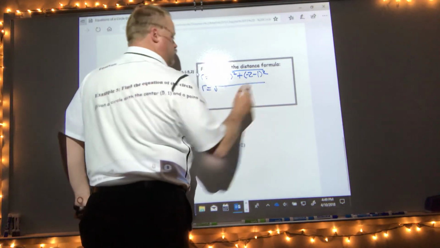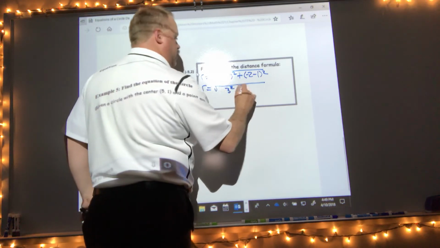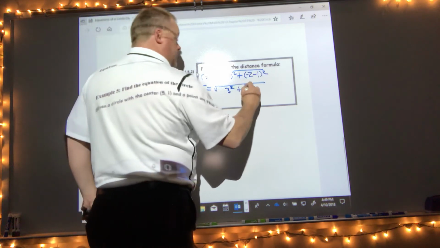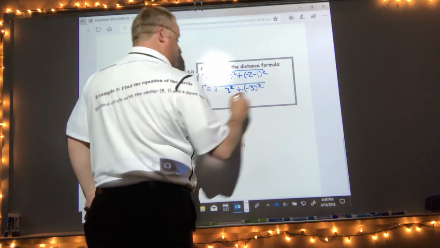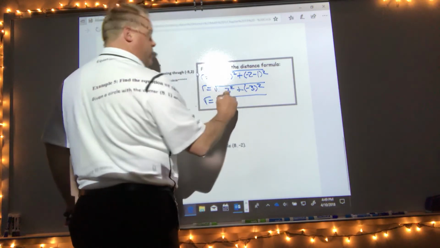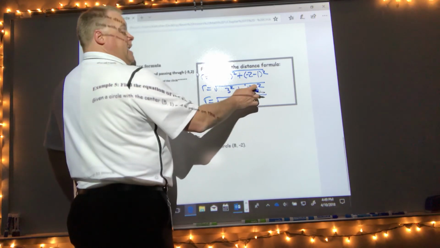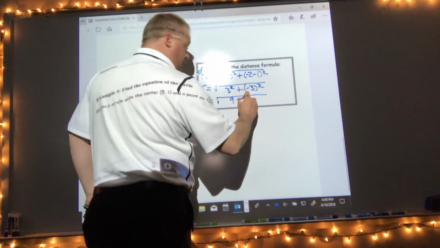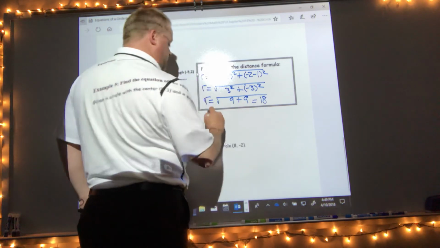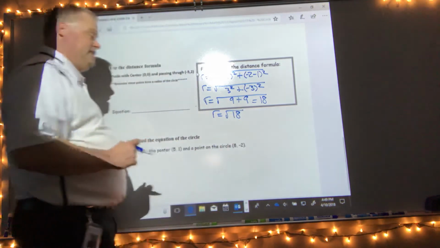Radius equals the square root of 8 minus 5. That's 3 squared plus negative 2 minus 1 is a negative 3 squared. So my radius is the square root of 3 squared, 9, plus negative 3 squared, 9. Well, I know 9 plus 9 equals 18. So I know my radius is the square root of 18.